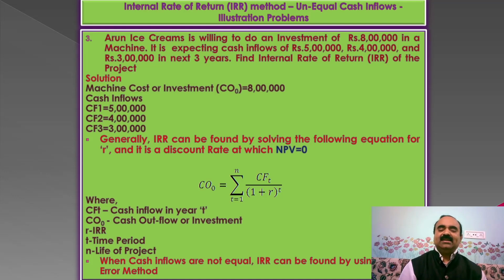The equation that we have to solve is CO0 is equal to summation of T taking 1 to N, CFT by (1 plus R) whole power T, where CFT is cash inflow in year T, CO0 is cash outflow or investment, R is equal to IRR, T is time period, N is life of the project. When cash inflows are not equal, IRR can be found by using the trial and error method.